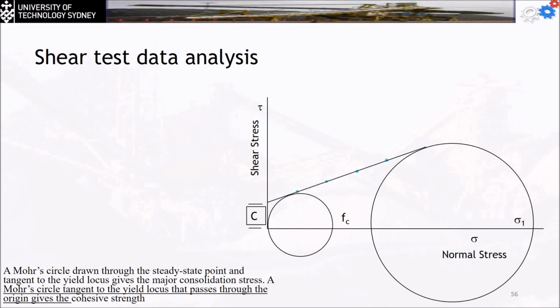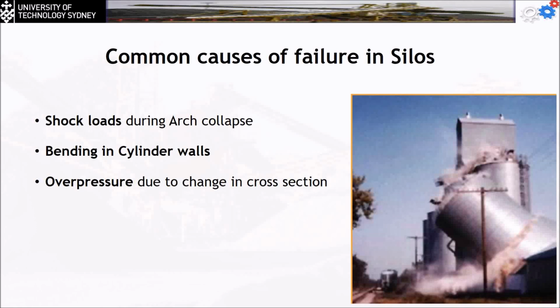Someone inserted a stake, tried to break it, then a big vibration happens, boom. Now, what we reach is that the forces in the silo are going to be different. So it will collapse from one point because all the forces are going to be concentrated there. Also, it depends on the cylindrical walls and the overpressure due to the change in the cross section.